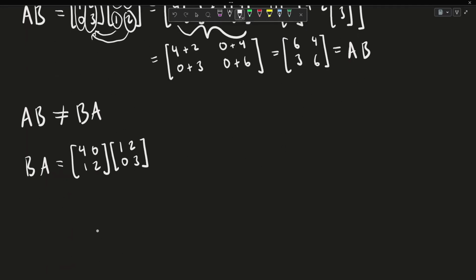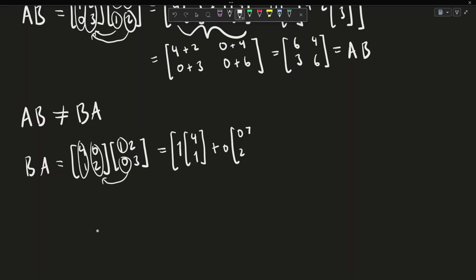And so applying the same sort of algorithm, we have this entry times this column. So we'd have 1 times 4, 1 plus this entry times this column. So 0 times 0, 2. And then the second column, we'd have 2 times 4, 1 plus 3 times 0, 2.